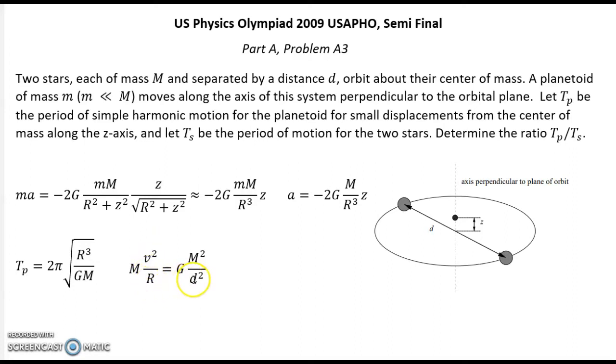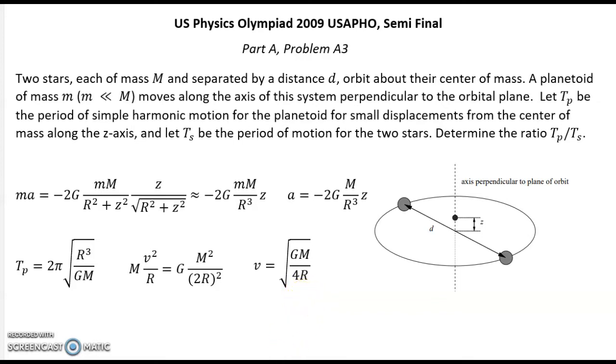And we know that the diameter equals twice the radius, so we can express it like this. So this is the force of gravity between stars, G multiplied by m squared divided by distance squared. And from here we can count what the speed is. This is the expression for speed.